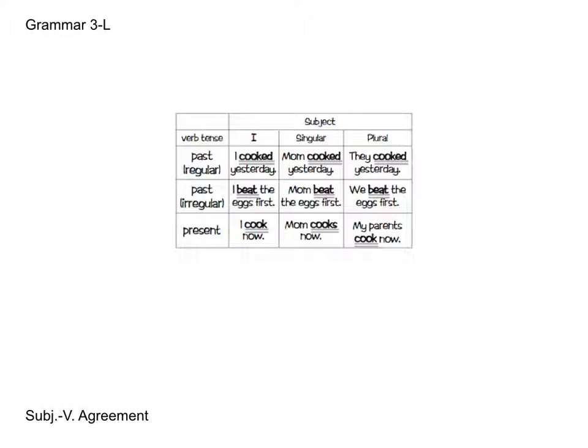So first we have conjugations for past regular. What we have is the same verb for all three subjects, I, mom, and they. And what you do with regular past tense verbs is you simply add ed. So cook becomes cooked. And that is our conjugation for past tense for regular verbs.